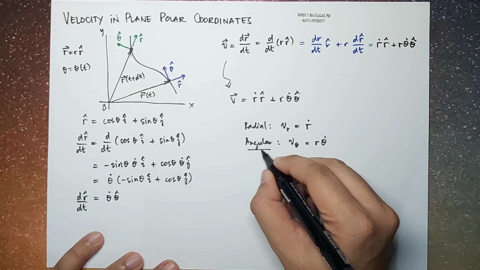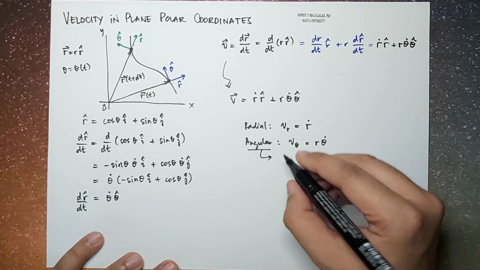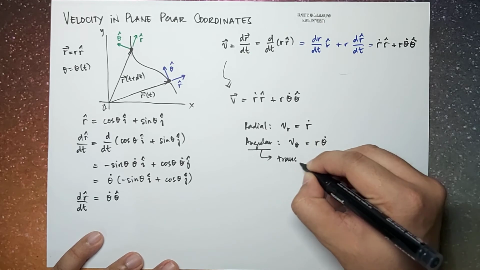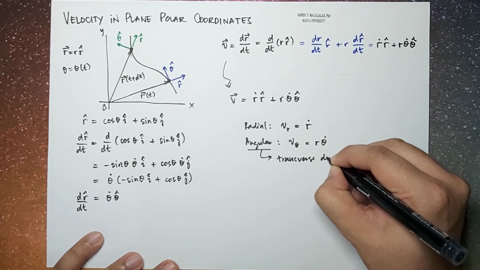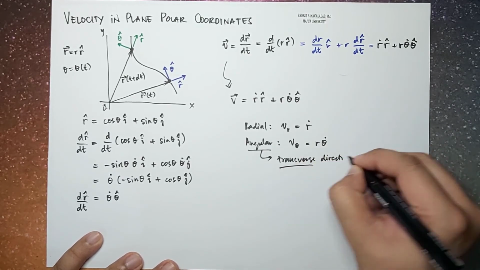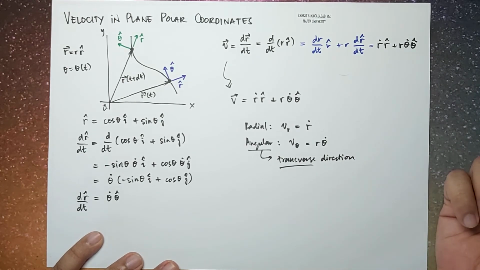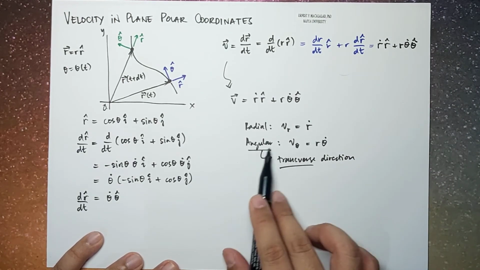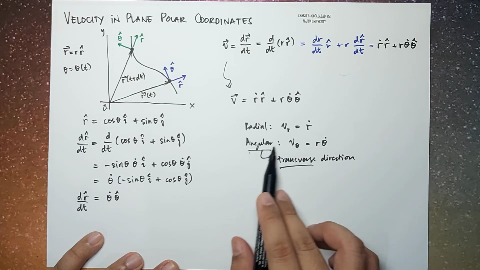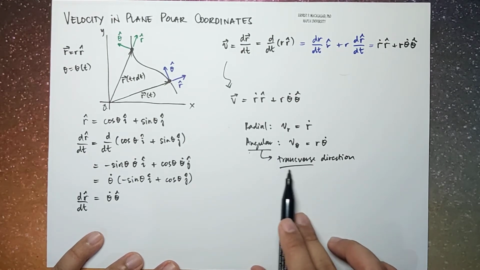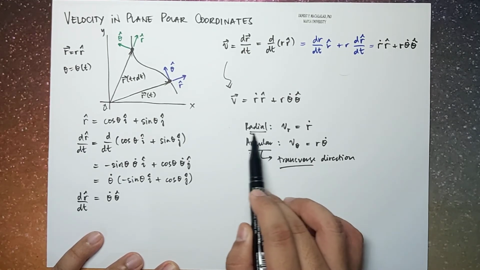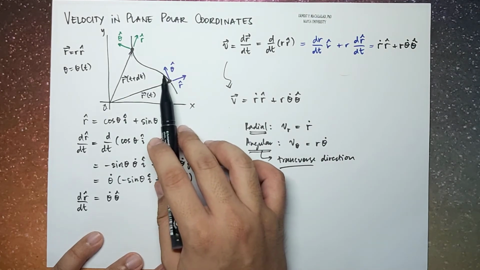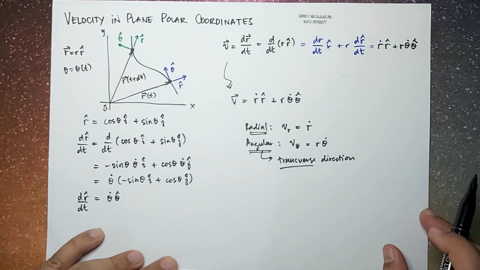Sometimes we call this angular direction your transverse direction, because the angular component is always perpendicular, or transverse, to your radial component. So that's it.